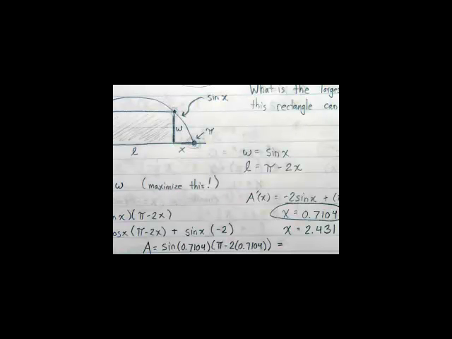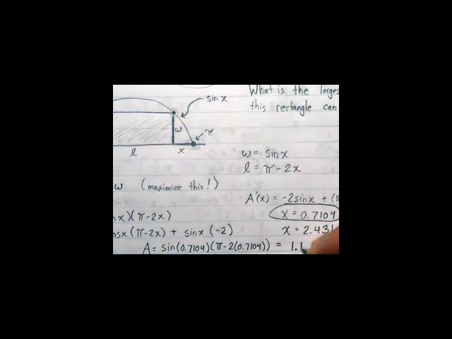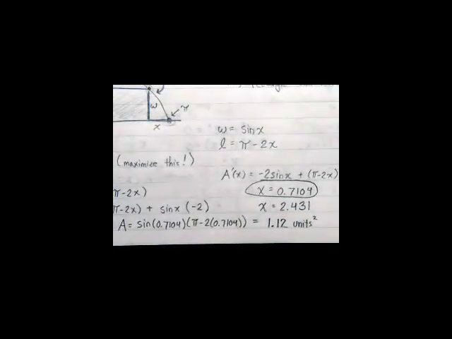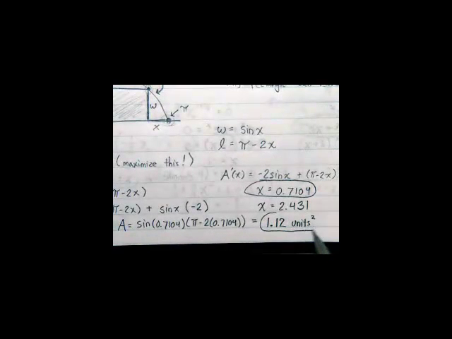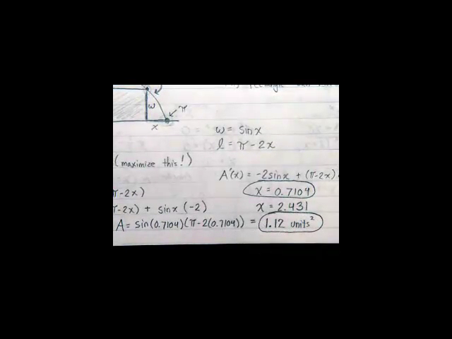I didn't type it all in myself, but I cheated and looked at the answer. So, are we good? Good. Okay. So, that's the largest that rectangle could get. 1.12 square units if it's caught under the sine. Okay.